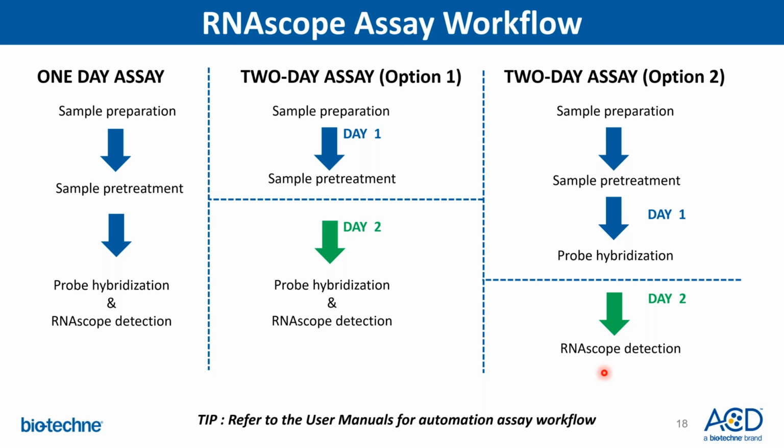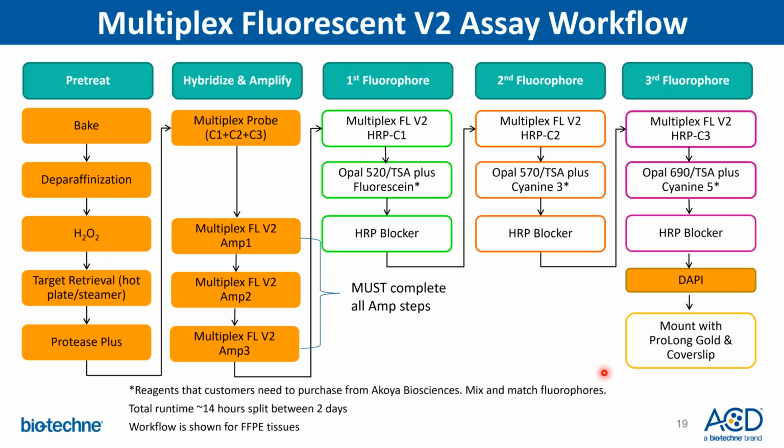Okay, on the next slide, we're now going to look at the assay workflow for the manual multiplex fluorescent V2 assay. Bear in mind, the workflow shown here is for FFPE tissues. However, the workflow is compatible with fixed frozen, fresh frozen, and cultured cells as well.